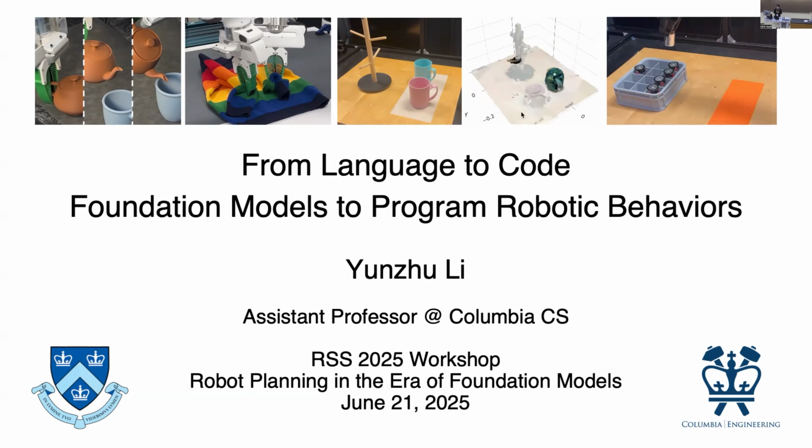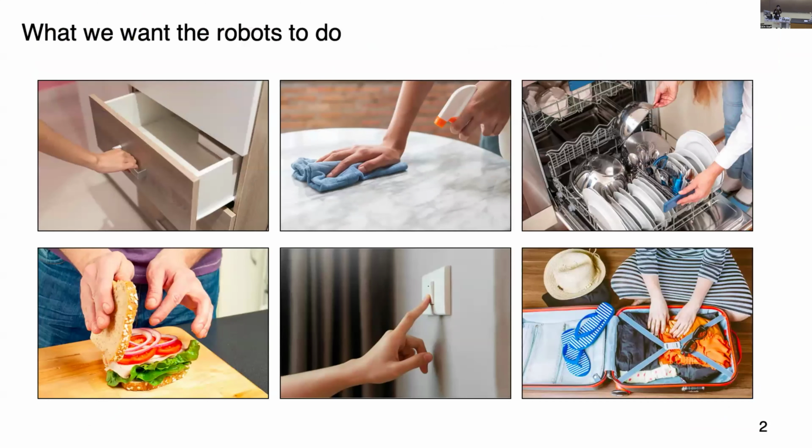solutions there. So today's talk is on going from language to code, especially how we can use foundation models to generate code to program the robot's behaviors. So obviously, everybody here is trying to help robots better generalize to the unstructured environments around us.